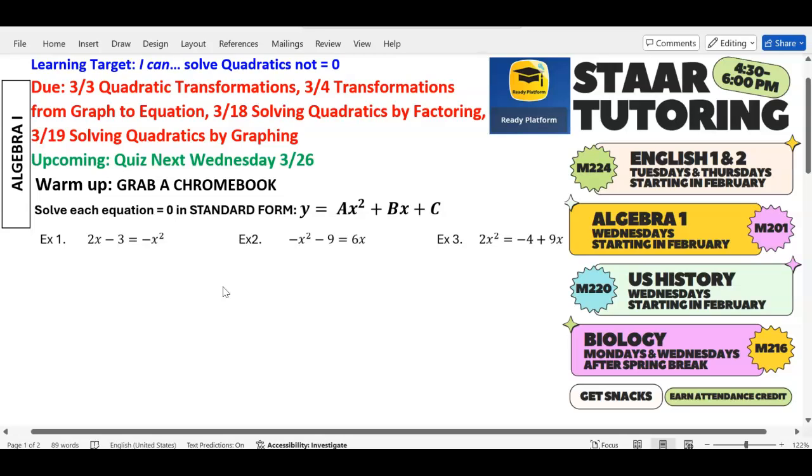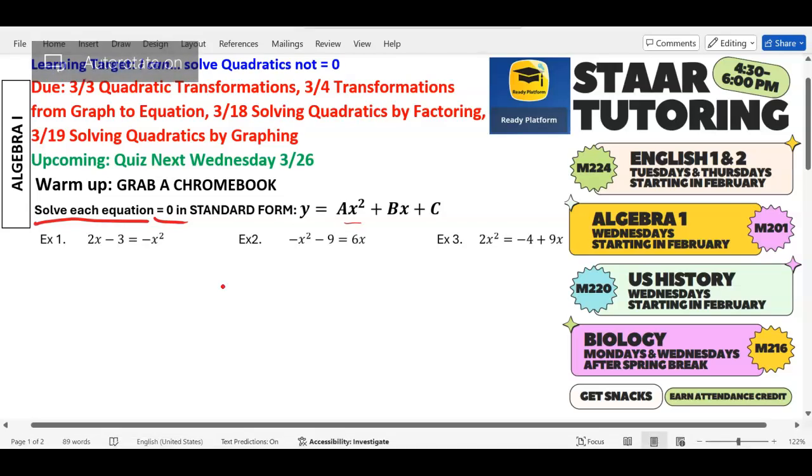So our goal is to solve each equation equal to 0. That's called standard form, okay? And when you do standard form, the x squared goes first, the x goes second, and the constant goes last. Order matters, right? So make sure you're looking up here.